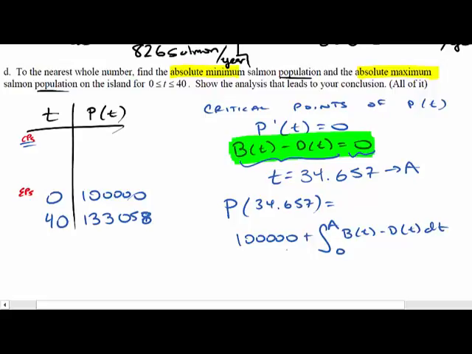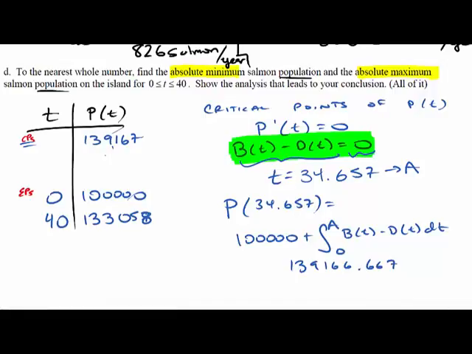Calculator says population is 139,166.667. So 139,166. If I round to the nearest salmon, it'll be 139,167. Okay. Answer these types of questions in a sense.